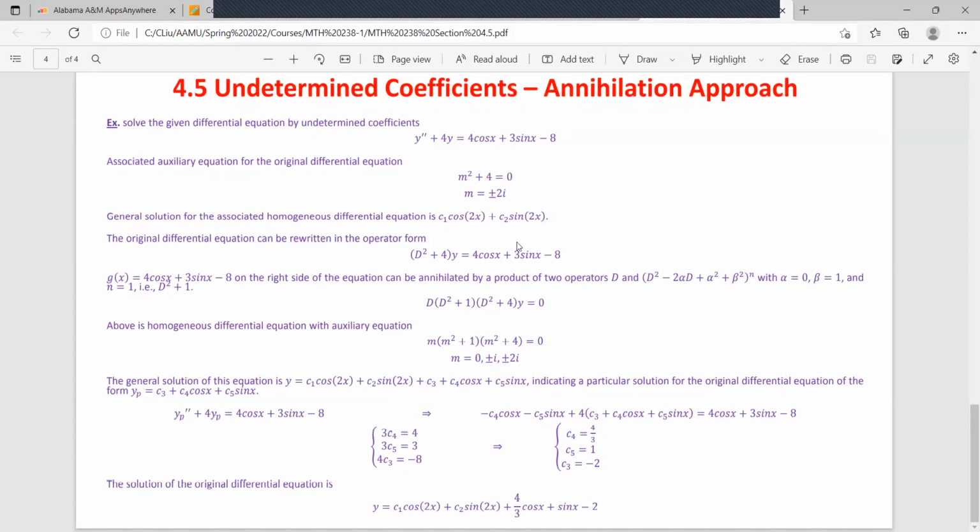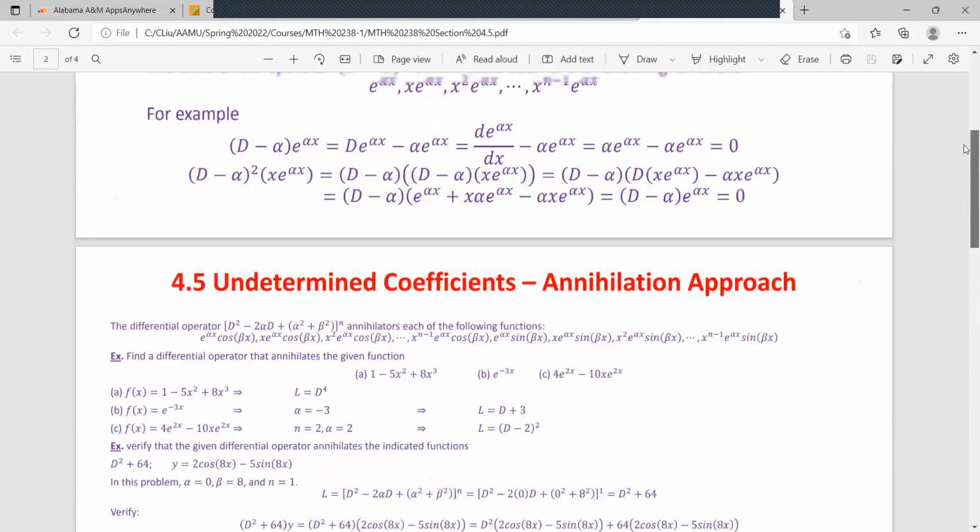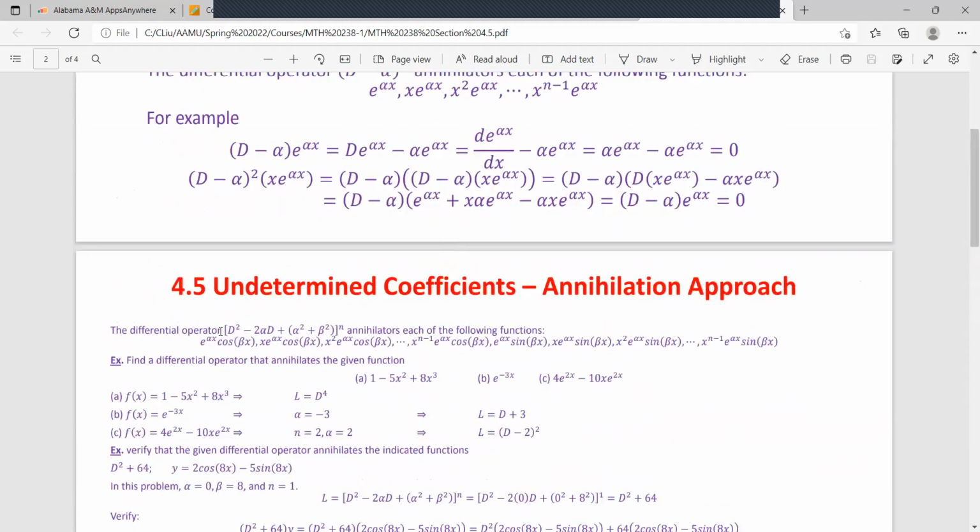If you look at those rules, the differential operator D squared minus 2 alpha D plus alpha squared plus beta squared, to the n, annihilates each of the following functions. In this case, we have just sine and cosine functions, so we only need n equal to 1.